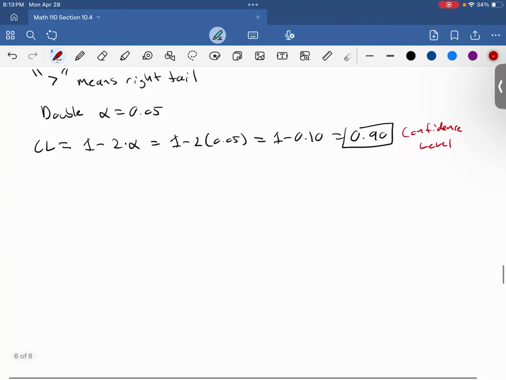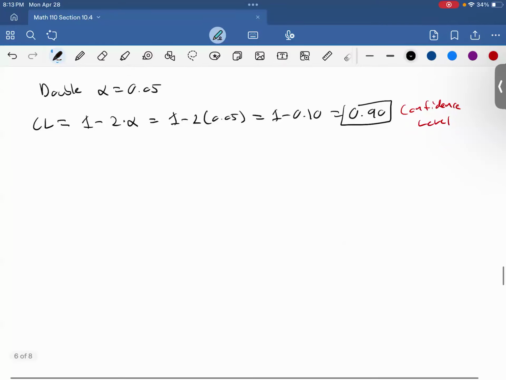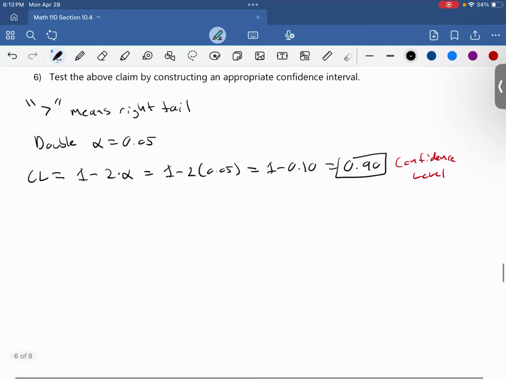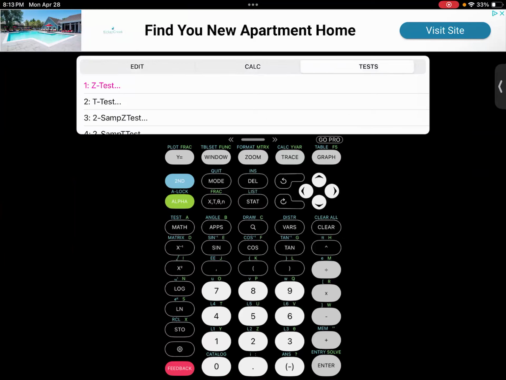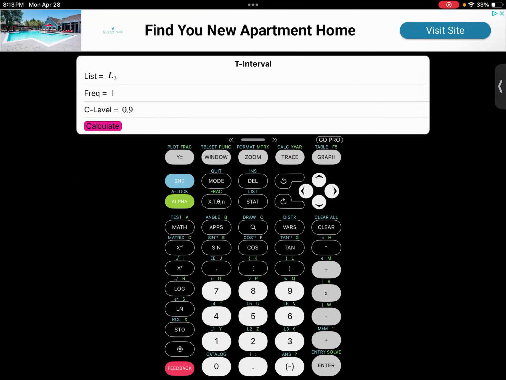Okay, so that means when we build our confidence interval, we need to use T interval. So let's go to the calculator and see what we need to get. We go to stat, test, scroll down to T interval, and luckily list 3 is already there from our hypothesis test, and our confidence level of 0.9 is there as well.